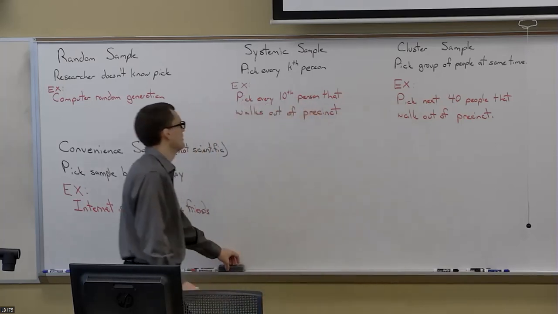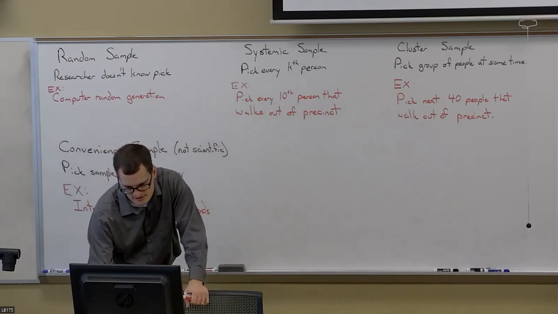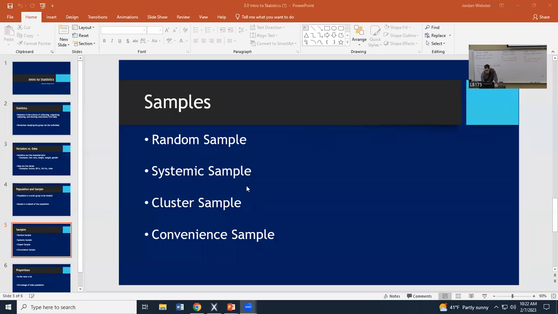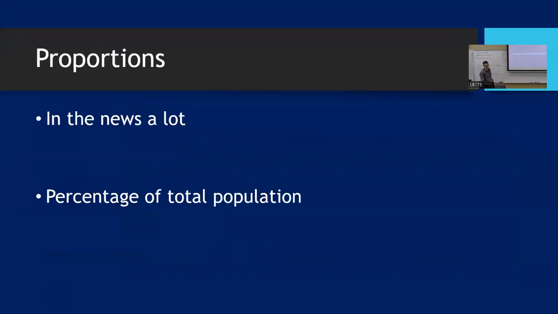Okay. So all of those types of things matter in cluster samples. So those are 4 different sampling techniques that we look at: random, systematic, cluster, convenience. Okay, there are others too, but I don't need to deal with that.